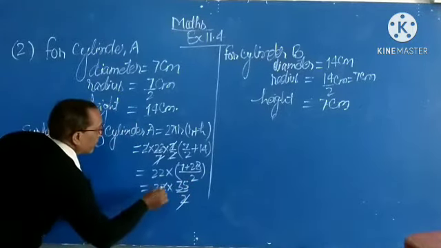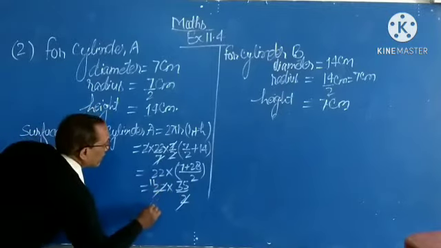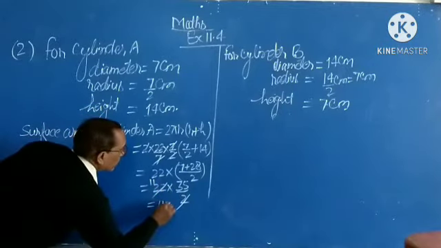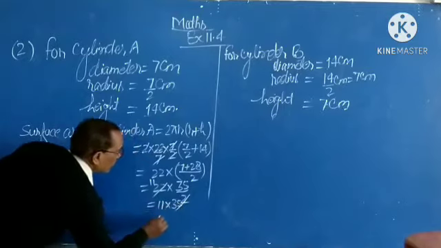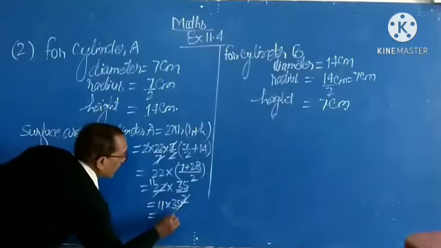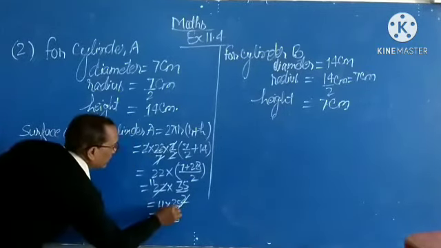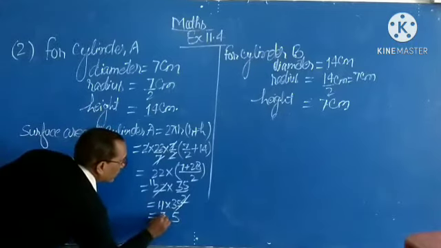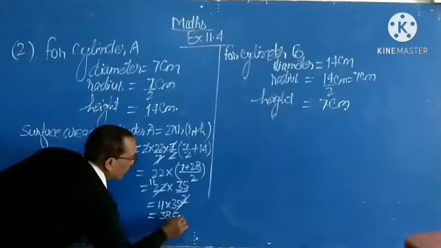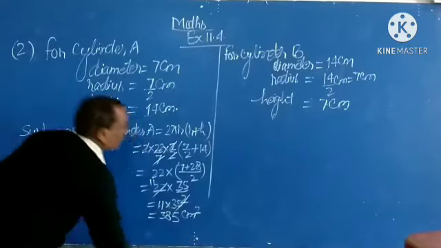22 is cancelled by 2, you get 11. 11 into 35, you multiply: 11 5s are 55, 11 3s are 33 and 5, 38, 385 centimeter square.